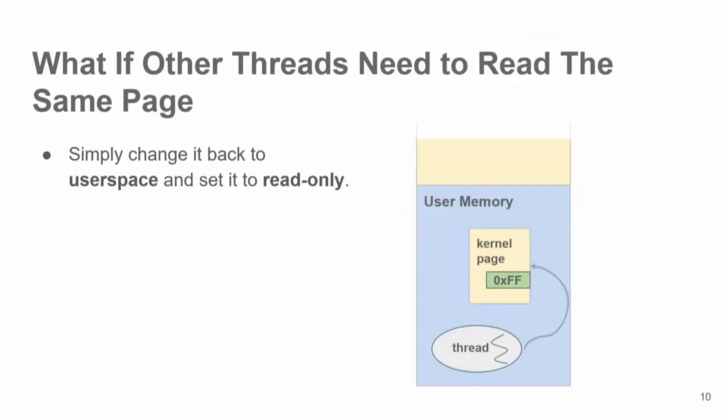So what if other threads really need to read the same page? What we do is really simple. We just put this page back again, but with read-only permission. If a user thread accesses a kernel page this time, it will also trigger a page fault, and we handle that page fault.